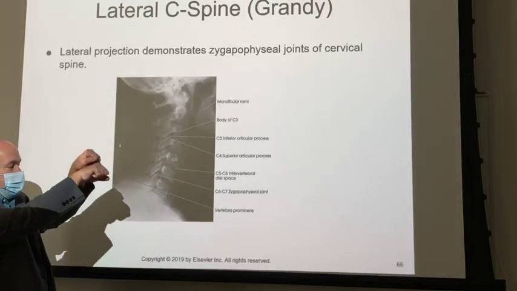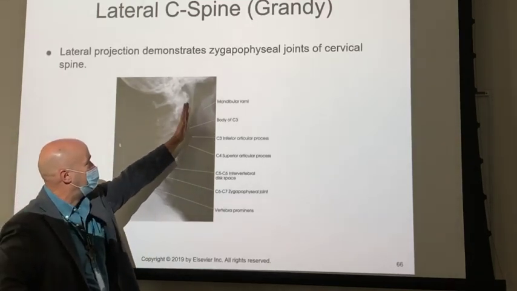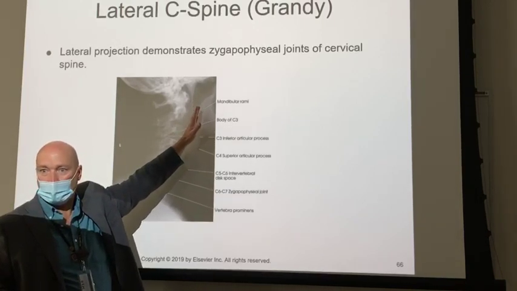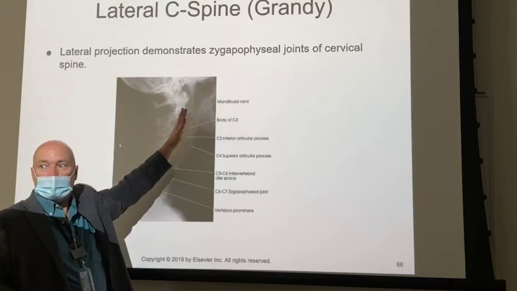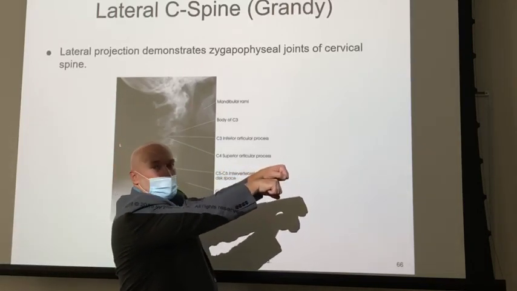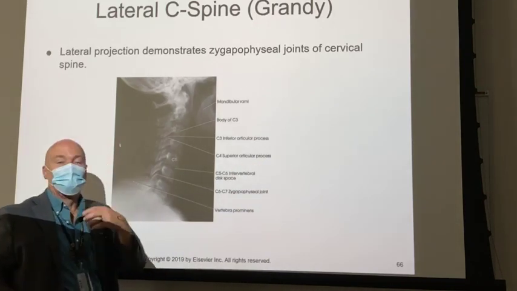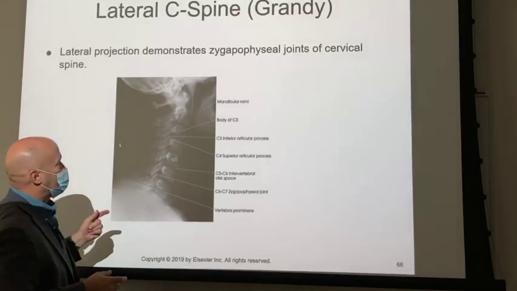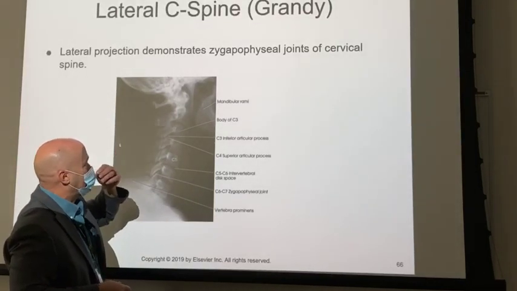You can follow the anterior curvature, or the anterior border, from one vertebra to the next. The subluxation means that instead of being lined up like that, it's like that, okay? So with a hangman's fracture, that's where that's going to occur.